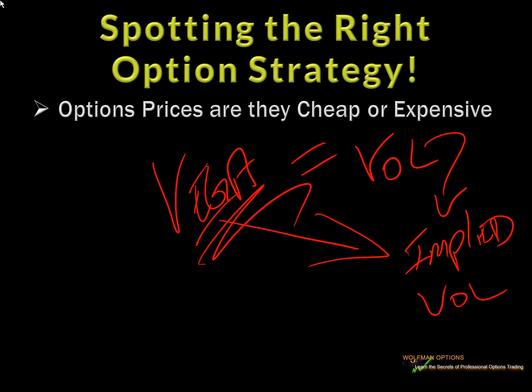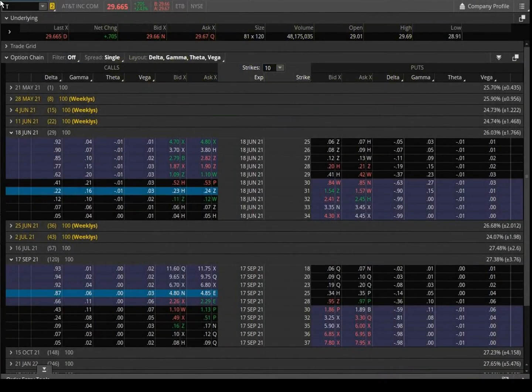So when you're looking over at the options, we can figure out if they're expensive, meaning all of the pricing in the calls or the puts. This is where you would have the right but not the obligation to buy or sell the stock if you're buying calls or buying puts.